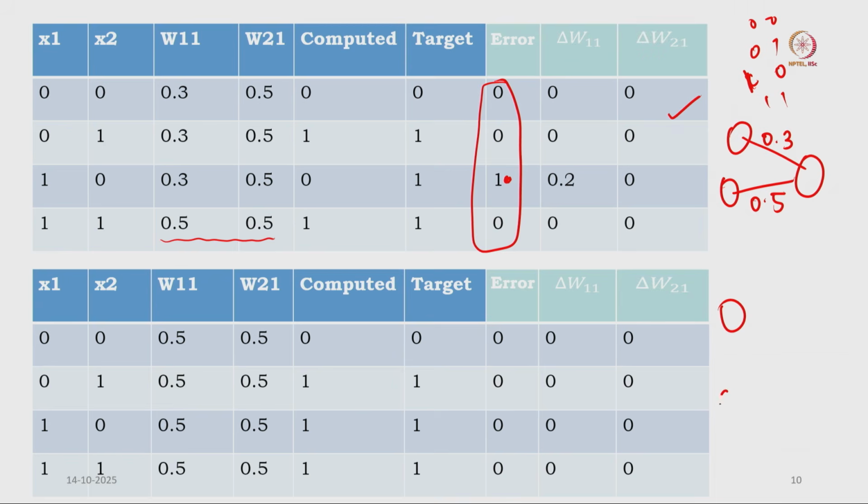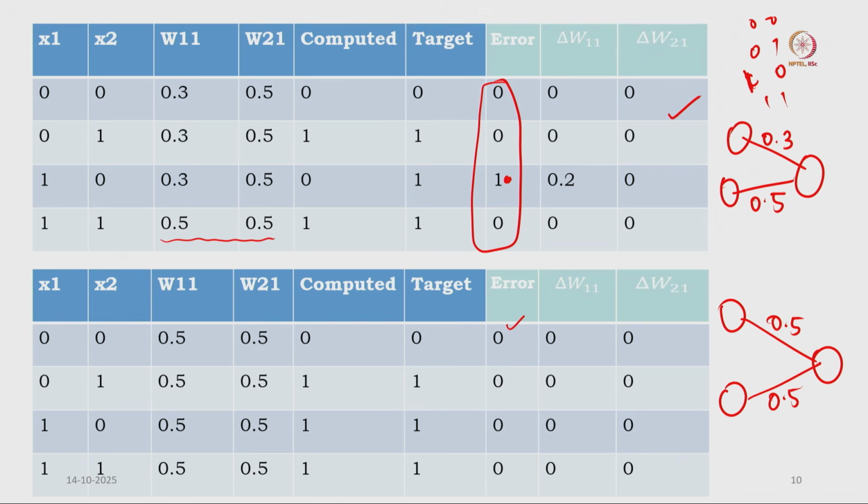So, for this you will have the graph something like this. You will have the weights 0.5 and 0.5, and then you repeat this, and you will see all the points are correctly classified.